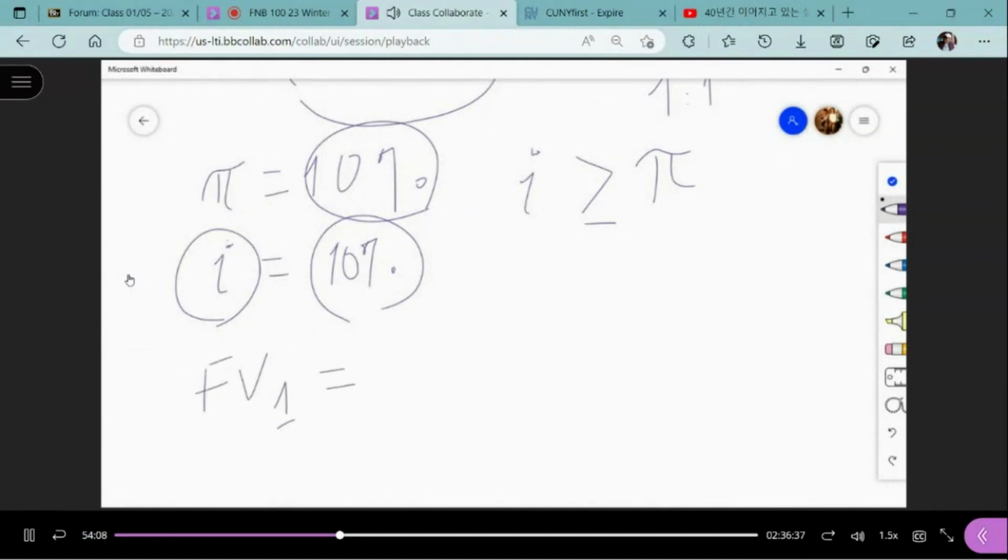That's called future value 1. And this is a nominal 11K.